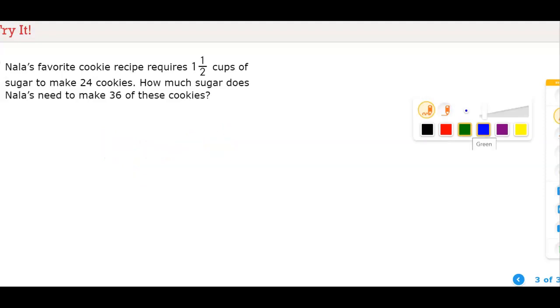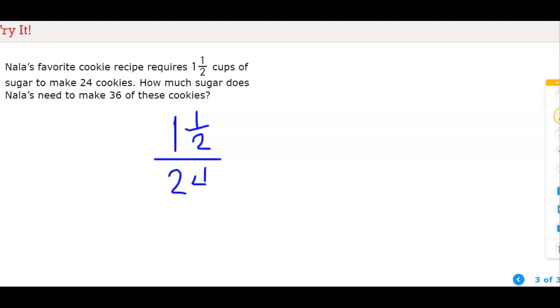So now we're going to take that 1 1/2, put it over 24 cookies, so we create our ratio, which is equal to something over 36.